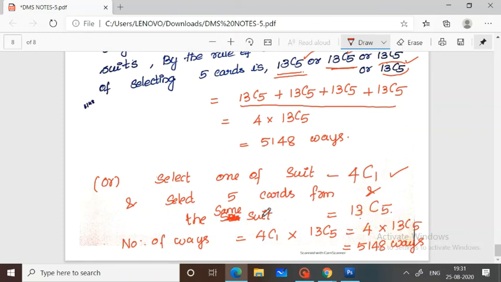Therefore both have to happen simultaneously, which means by the rule of product, the number of ways is equal to 4C1 into 13C5, that is 4 into 13C5, equal to 5148.